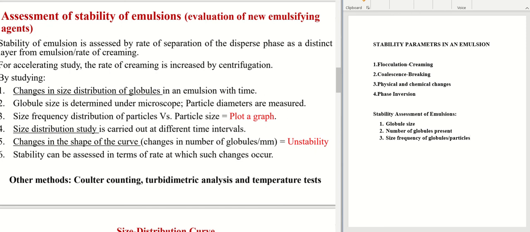These are the three important parameters to be considered when we are assessing the stability of an emulsion. Now let's get into this topic.